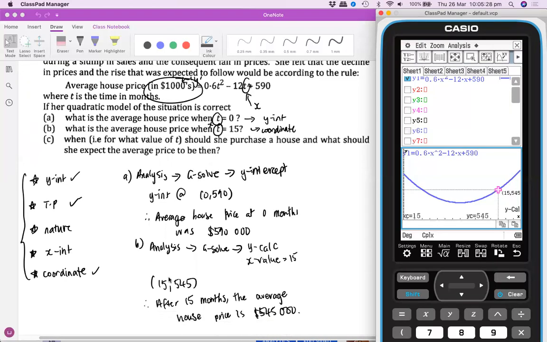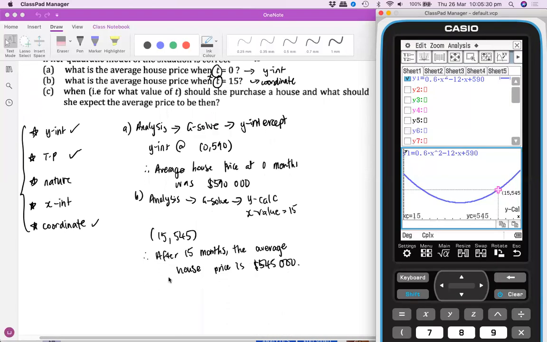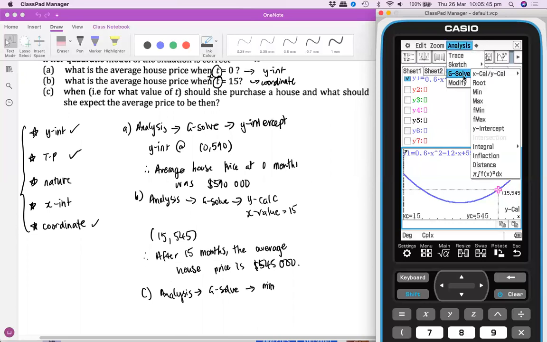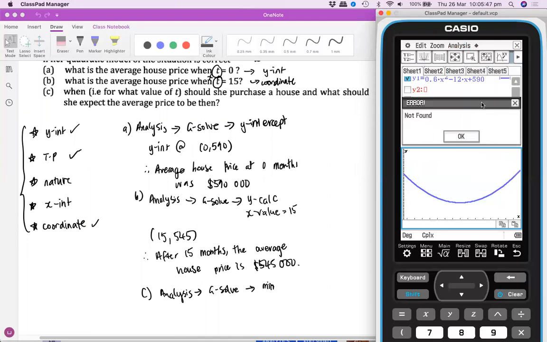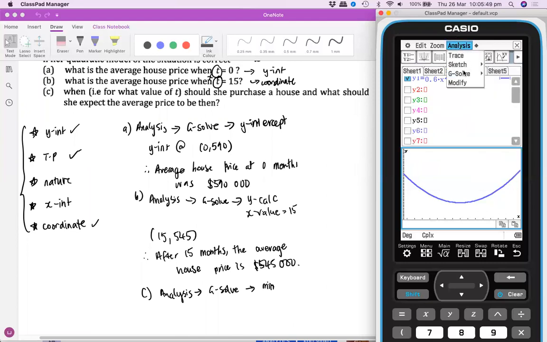So to find the turning point, I'm going to use my GSolve again. Analysis GSolve. Now my graph is a minimum graph, so I'm going to find the min. Analysis GSolve min. Oh, sorry, wrong one. I pressed the wrong one there. GSolve min. There we go.